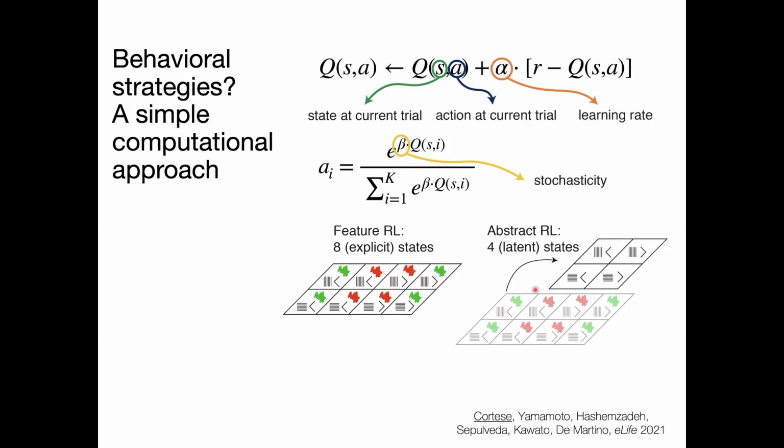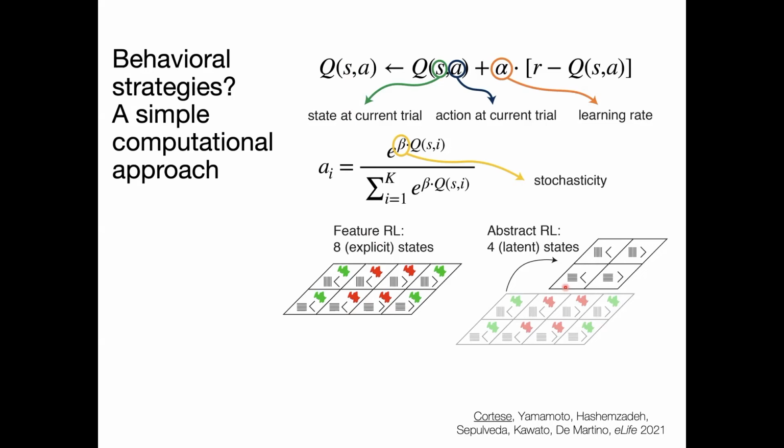So a better way is to extract these latent states, which are based only on the relevant features. And here, what I call abstract reinforcement learning, abstract RL. And so here we can now use different states to model the behavior, either based on this approach or on this approach, and then we can see which one better explains participants' behavior.